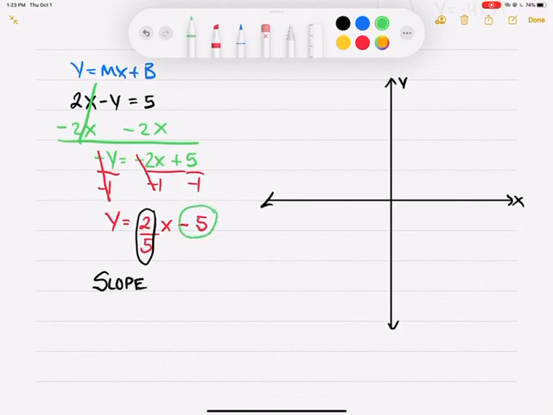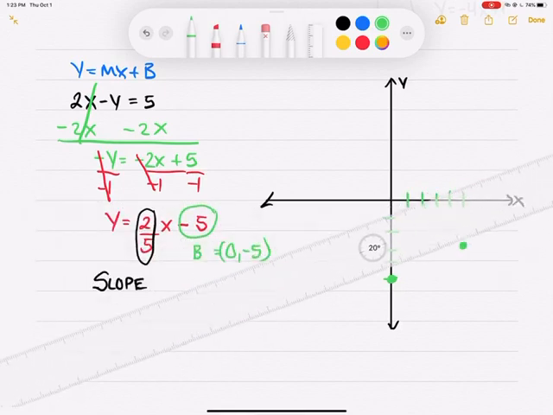My y-intercept is at (0, -5). So that's where I'm going to start. 1, 2, 3, 4, 5. Boom, y-intercept. To get to the next point, I'm going to move up 2 and to the right 1 because both of those numbers are positive. So I need to move in a positive direction.